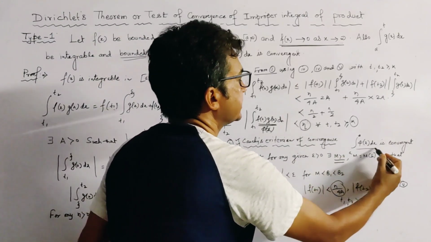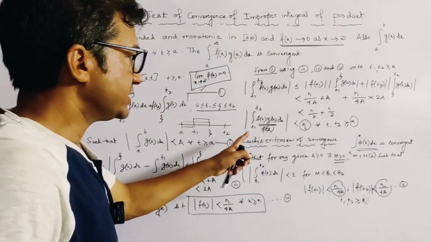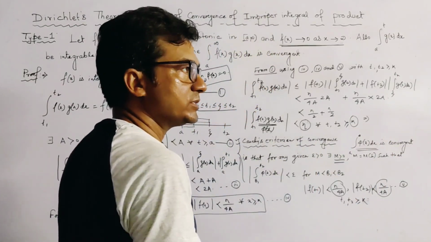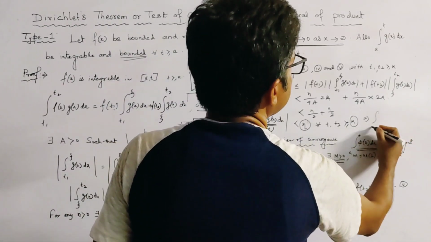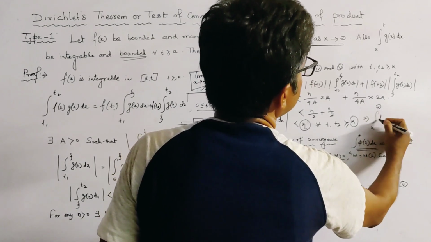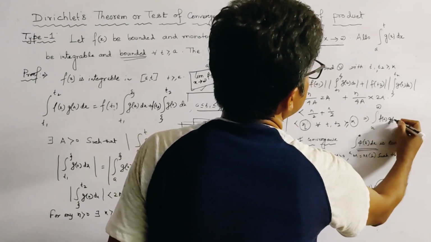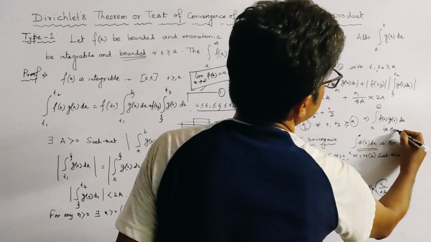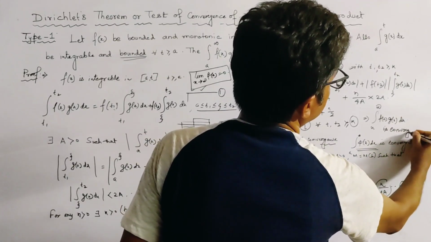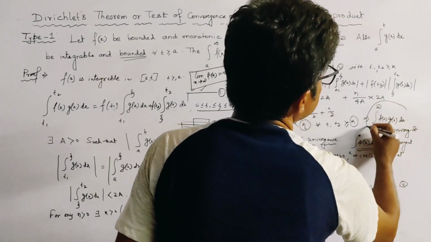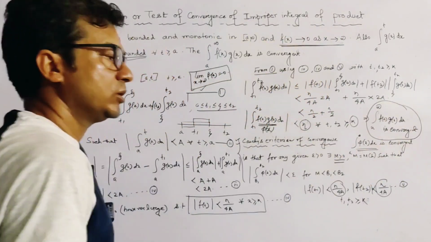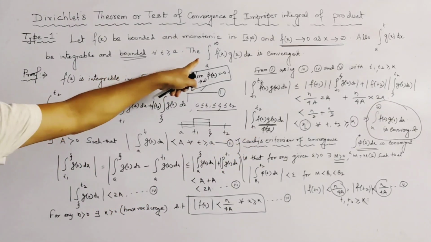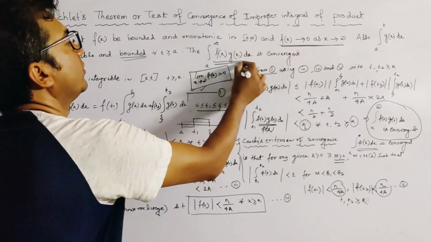So this integration is convergent, and by using Cauchy's criterion of convergence, we say that integration a to infinity f(x) g(x) dx is convergent, and this is our required proof. We wanted to prove this result.